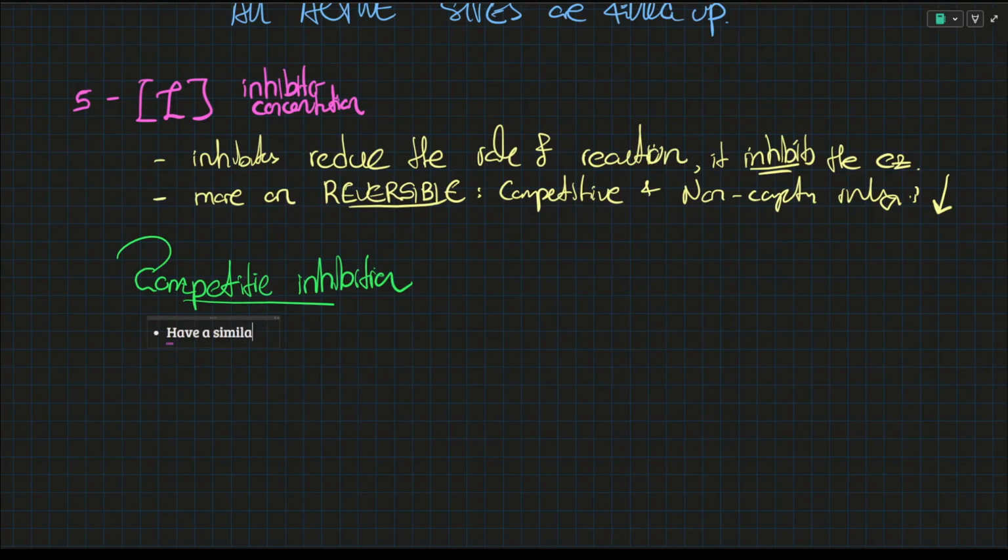Here's the deal. Inhibitors have a similar shape to the substrate. Therefore, they compete with the substrate for the active site. I am a little rusty, I will admit that. We get back into all of this.